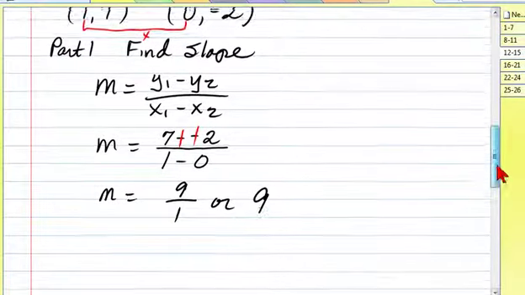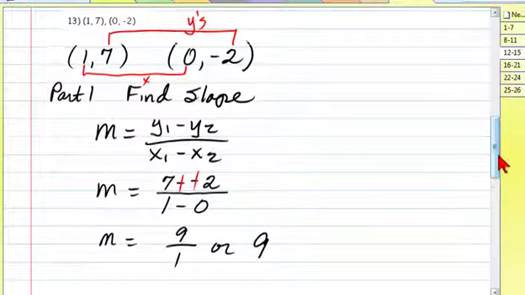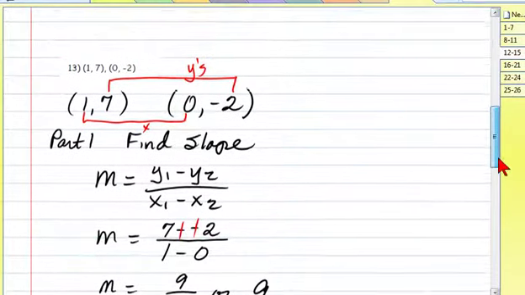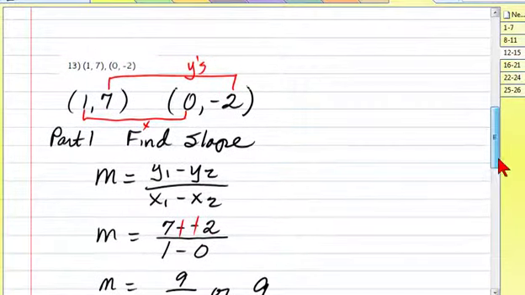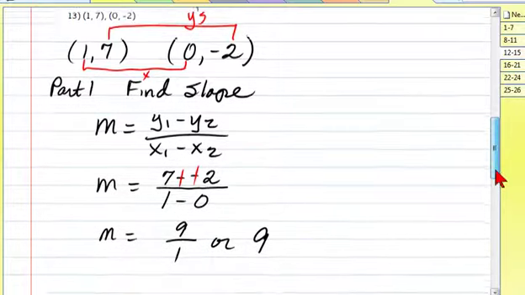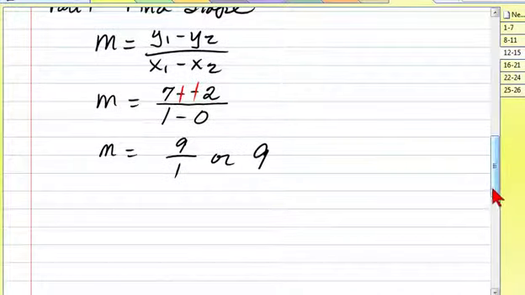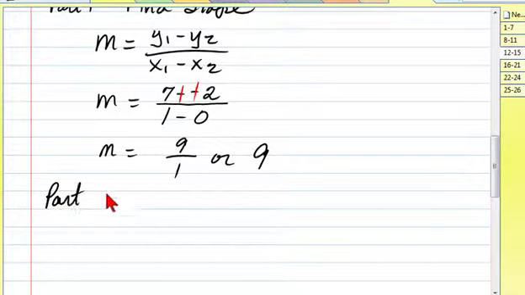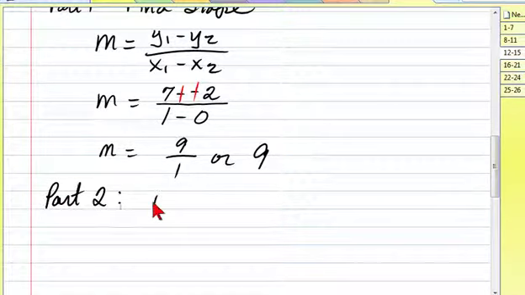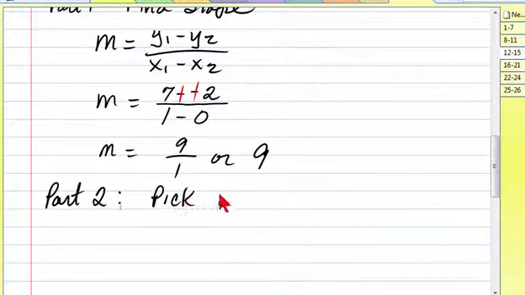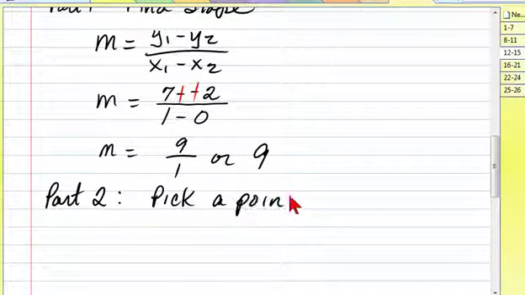What do you have to do now? I'm writing the equation of the line, and so far I have slope. You need to, for part 2, pick a point.